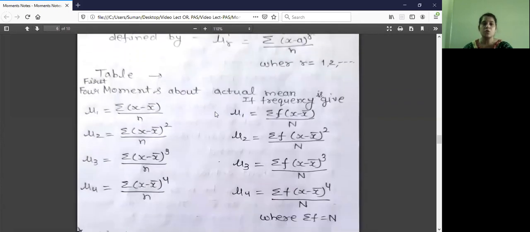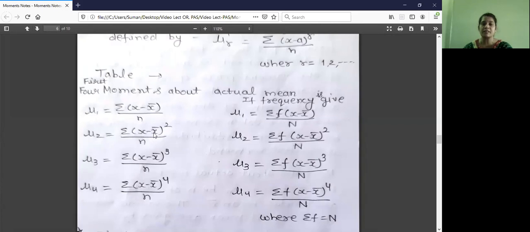Got it? So the first four moments about actual mean are as follows. We write mu1 is equal to summation x minus x bar divided by number of terms, small n, because we are given only the value of x. Got it? So our second moment about actual mean is what?